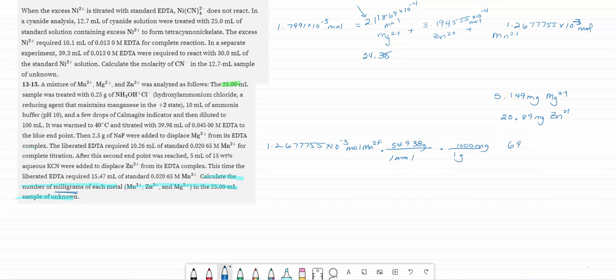And I get 69.6. I would round that up because I get 649. So I would round that to 65 milligrams of manganese. So those are the masses of each of those metals in the sample of unknown that was analyzed.